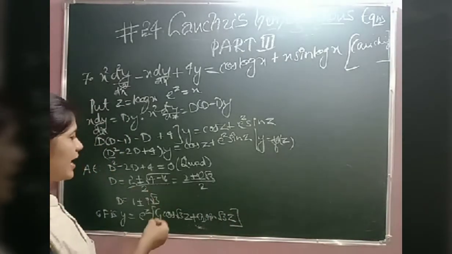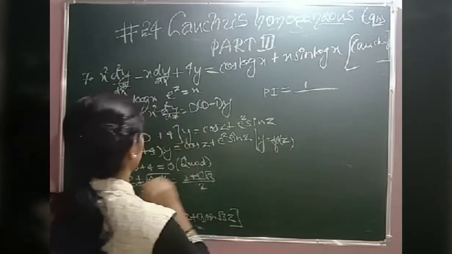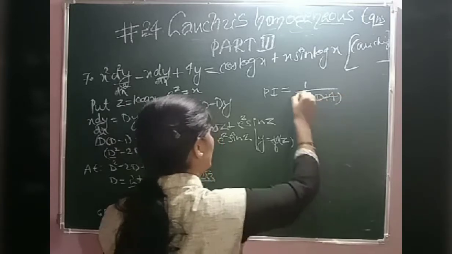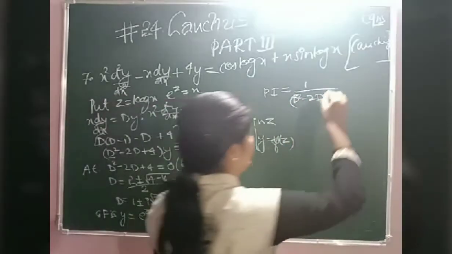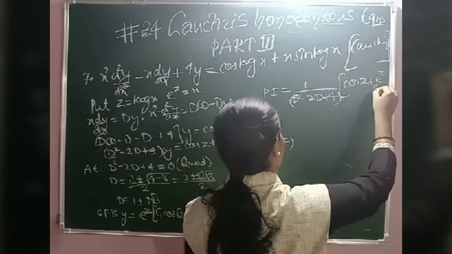Now let us find PI. So PI can be written as 1 upon D square minus 2D plus 4 of cos z plus e raised to z sin z.